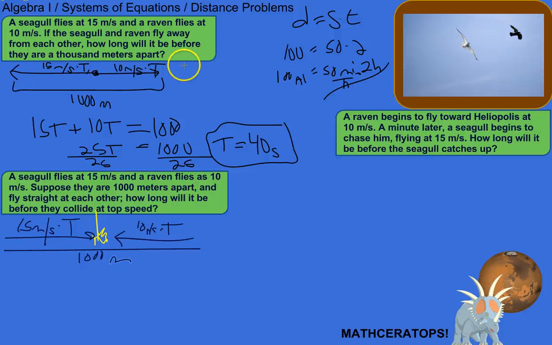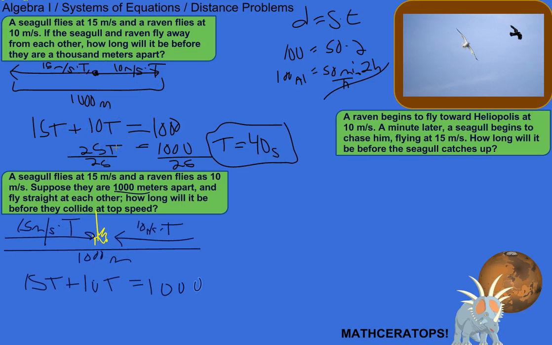Well, play that in reverse, and it's like they're colliding, i.e. they're meeting at where they started out. So if they start out a certain distance apart and then they're flying towards each other, it's the same exact setup as if they start out collided, if you will, and then fly a certain distance away. So we would set this up again, 15t plus 10t equals 1,000. Same setup. I want you to see that visually, just see how it is the same.